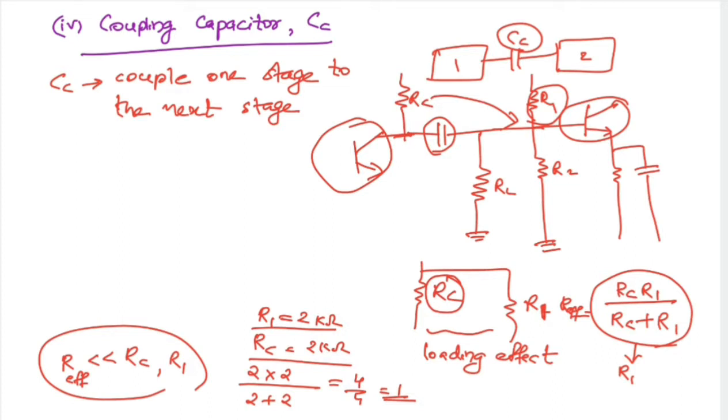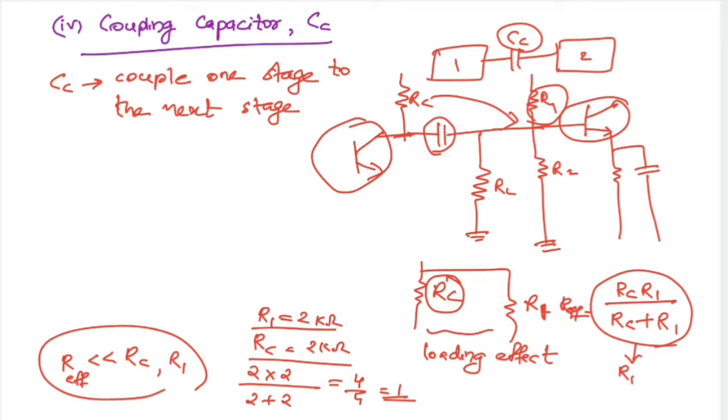Here we are using RC coupling, that means the resistor is coupled through a capacitor, but there are several other types of coupling. So here we are only discussing the coupling capacitor and its role. The coupling capacitor couples one stage of amplification to the next stage, and if it is not used, the bias conditions of the next stage will be changed due to the shunting effect of RC.